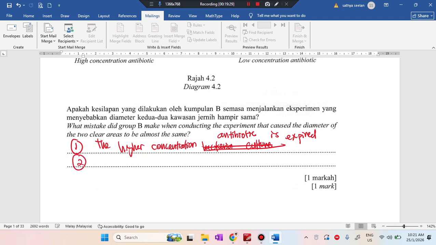Number two, maybe a weaker type of culture bacteria, right. A stronger type of culture bacteria is placed on both petri dish.